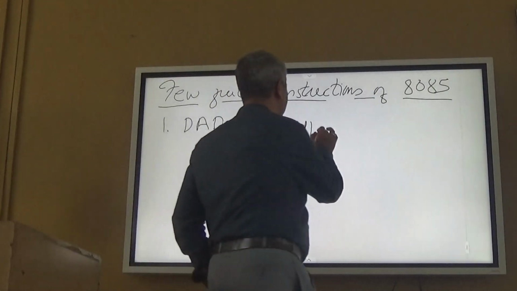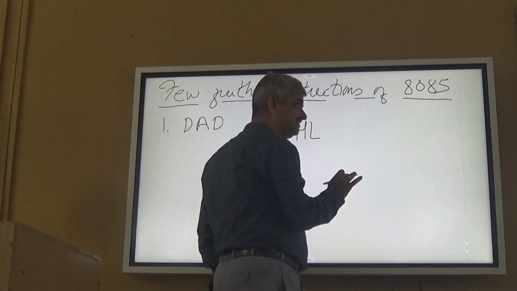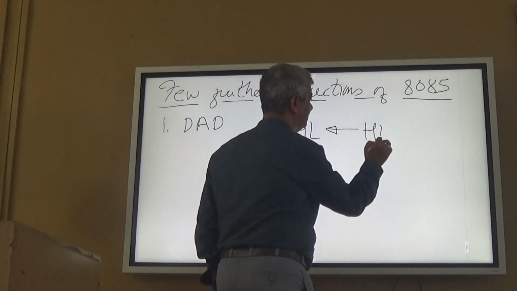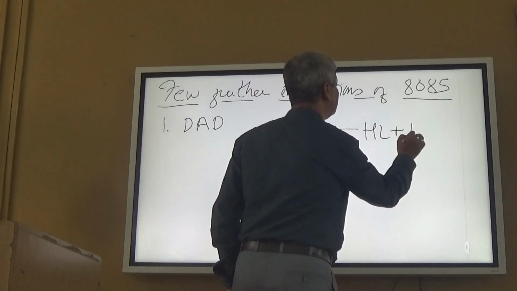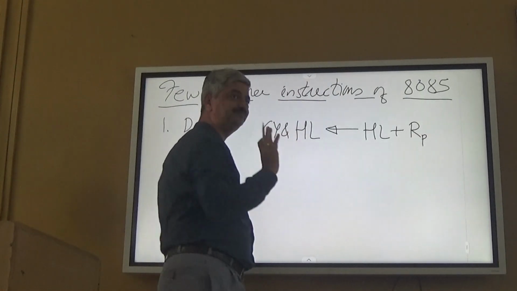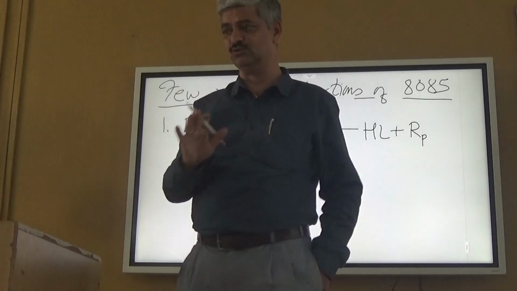So HL is one of the sources as well as the destination. HL is assigned HL plus a register pair, and obviously the carry flag. Is it clear?